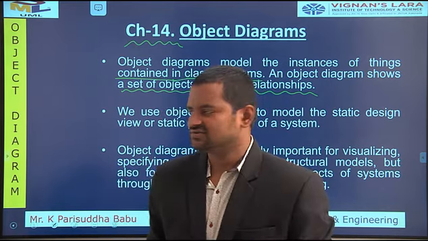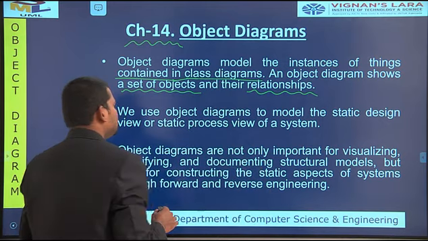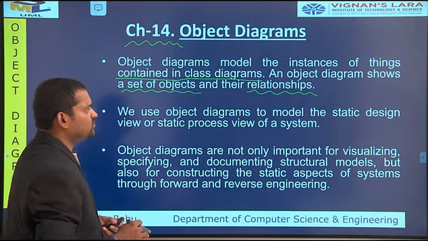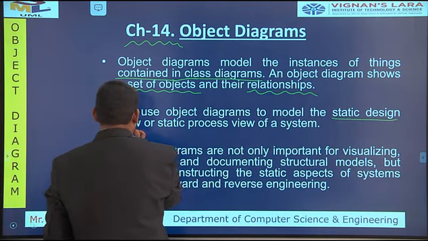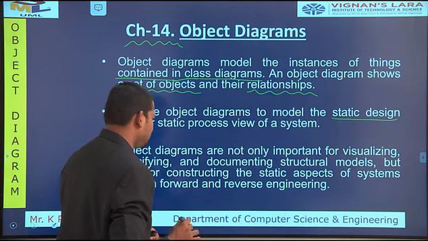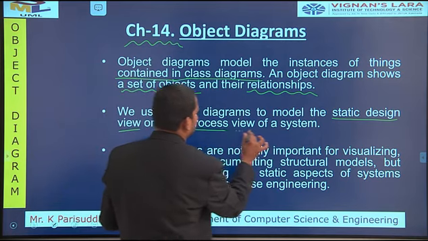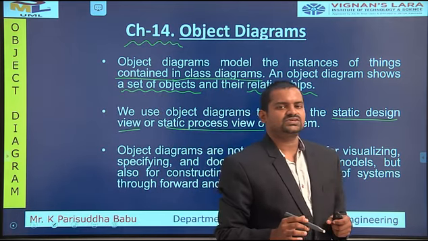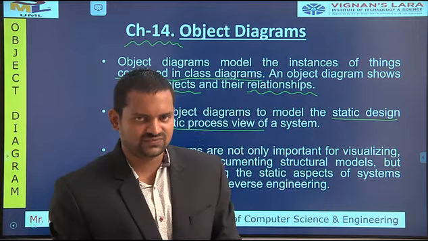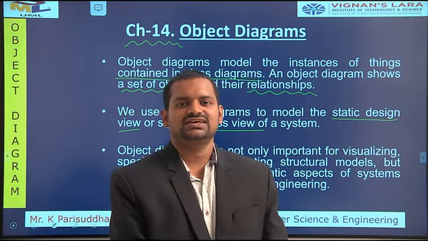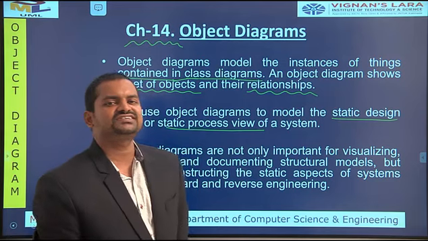Okay, that is the object diagram. Why do we use an object diagram? We use it to model the static design view of a system or the static process view of a system.